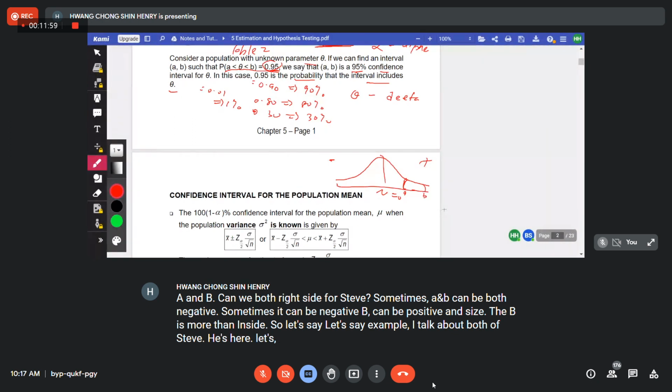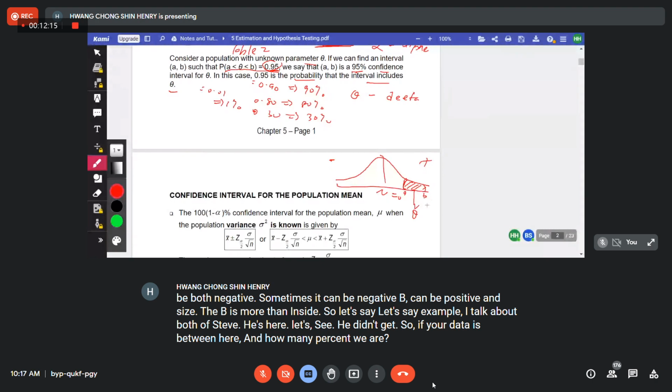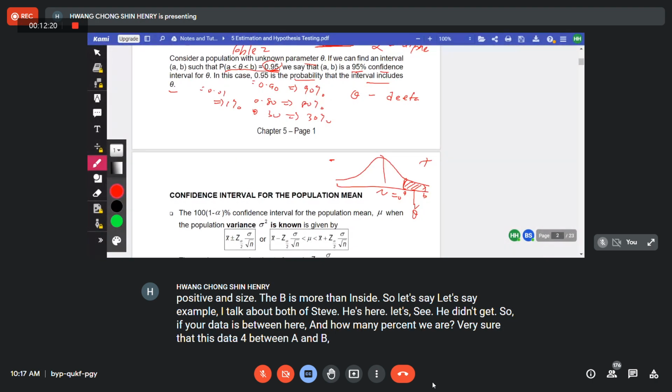Let's say so your theta must be what? Between here. The theta must be between A and B, lower and upper boundary. So if your theta is between here, how many percent are we very sure that this theta falls between A and B, given by this probability.